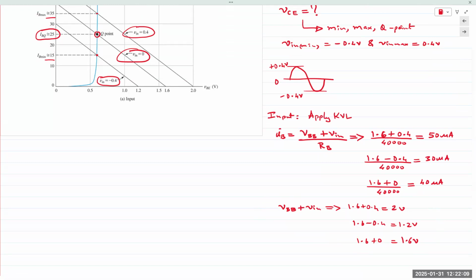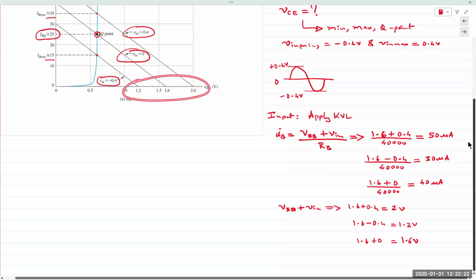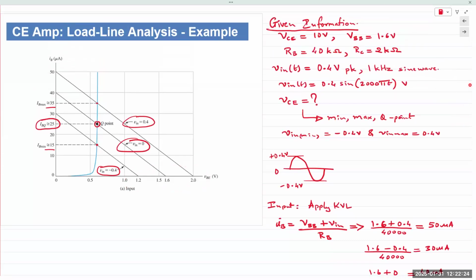So the base voltage is now swinging between 1.6 and 2 volts. So we obtain the two ends for our load line. IB is 50 and 30, and VBE is between 1.2 and 2.